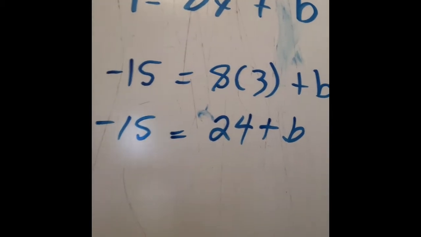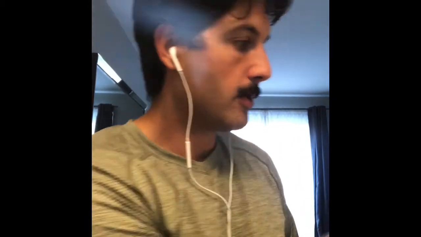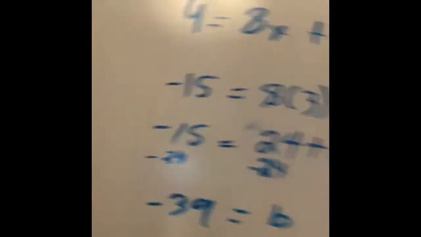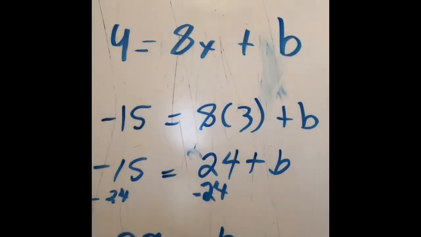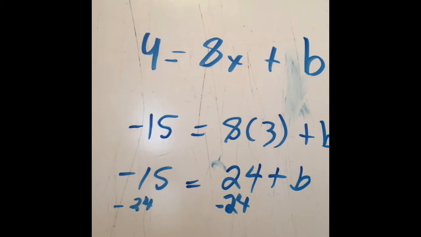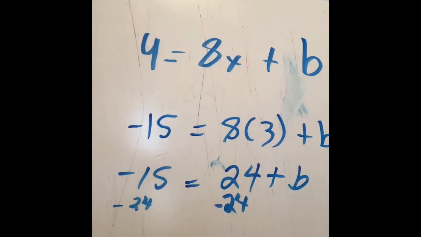Now I have to move that 24 to the other side of the equal sign. It's a positive 24, so I'm going to subtract 24 from both sides, and I end up with negative 39 equals b.